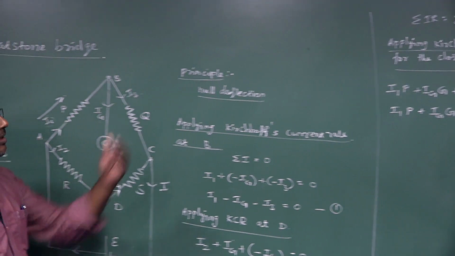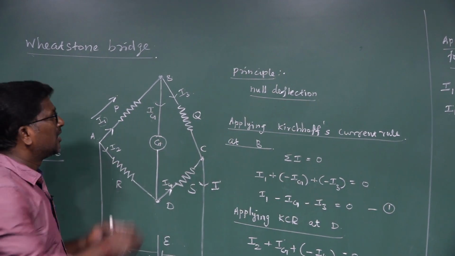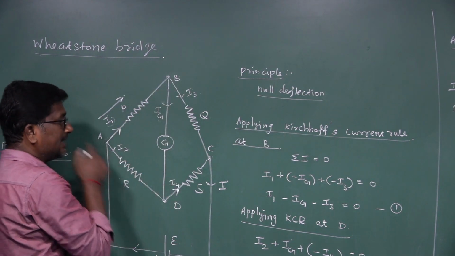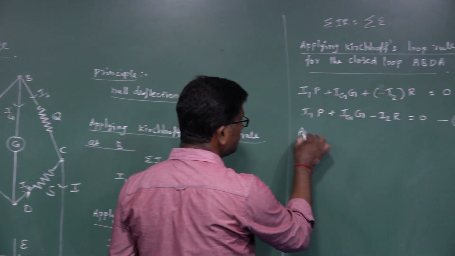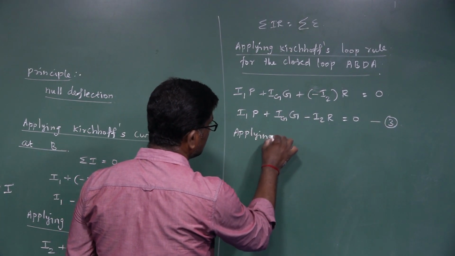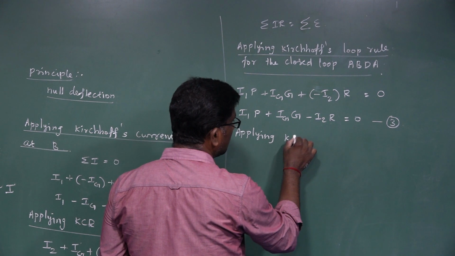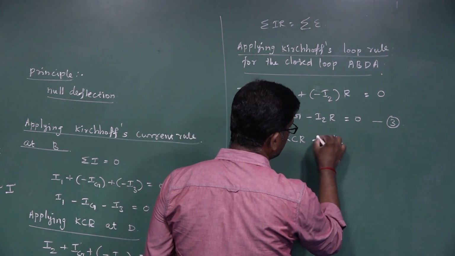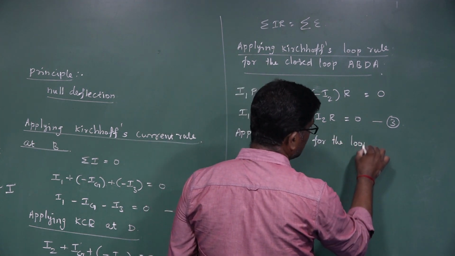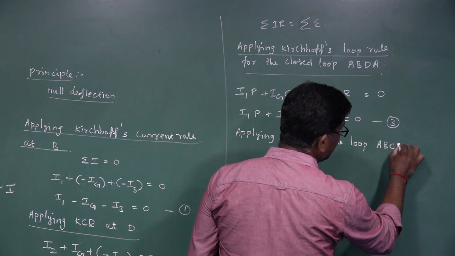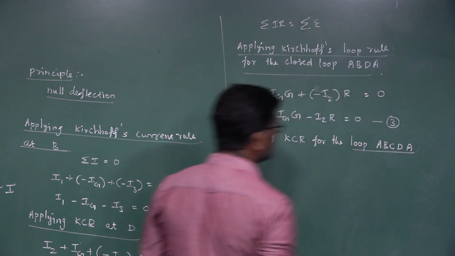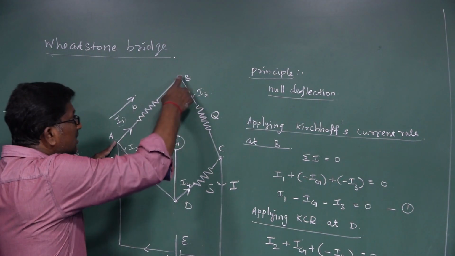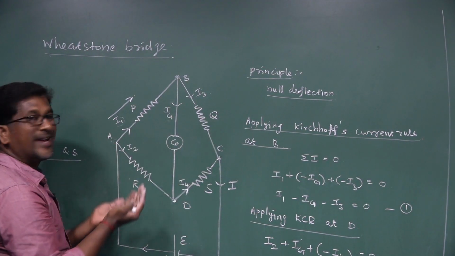Once again, applying Kirchhoff's loop rule for the entire closed loop, that is A, B, C, D, A, right? The loop A, B, C, D, A. In this closed loop also, no electric cell.